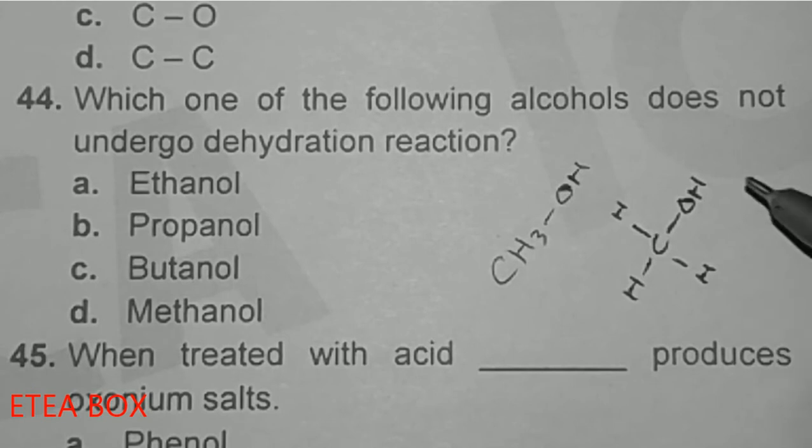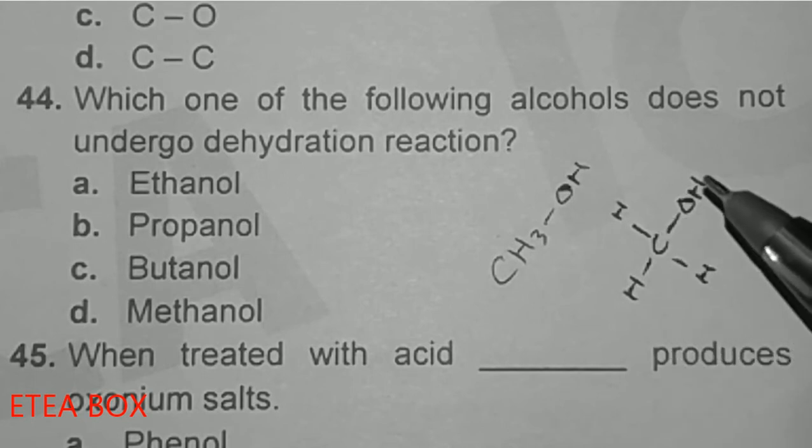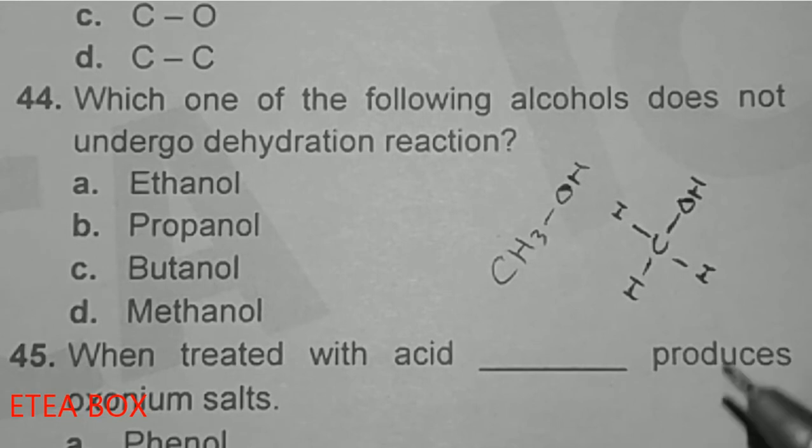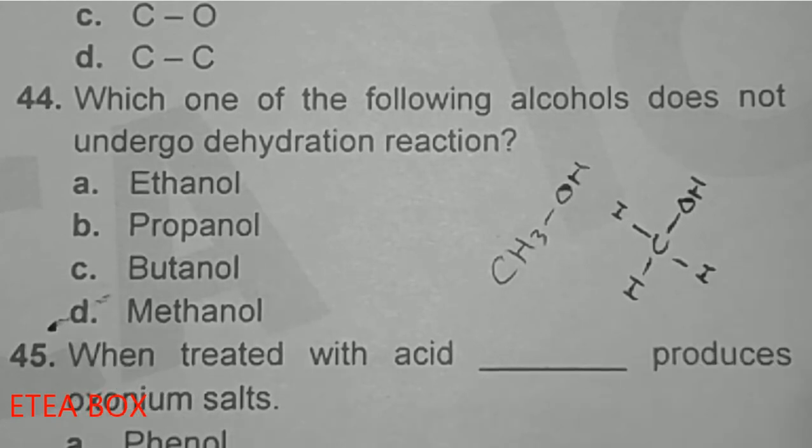For dehydration there must be two adjacent carbons: from one carbon the hydroxyl group is removed and from the other carbon the hydrogen is removed, and due to that the pi bond is formed between the two carbon atoms. But methanol has no other carbon atom, so methanol does not undergo the dehydration reaction.